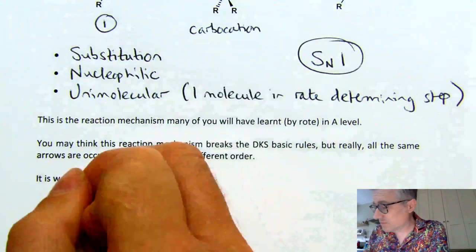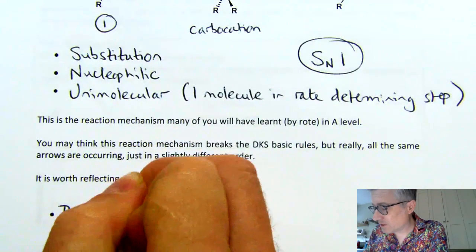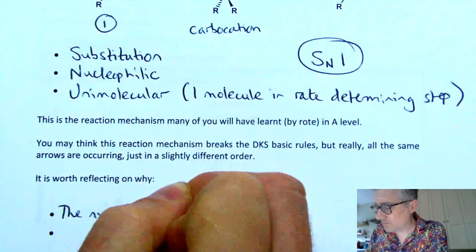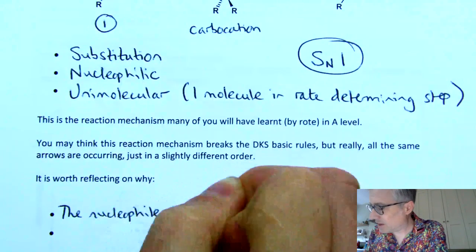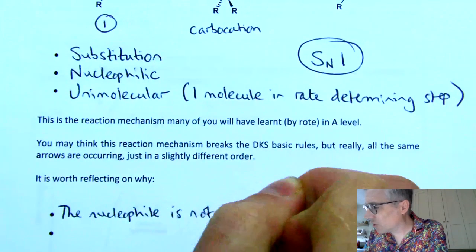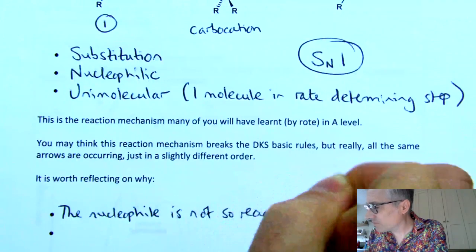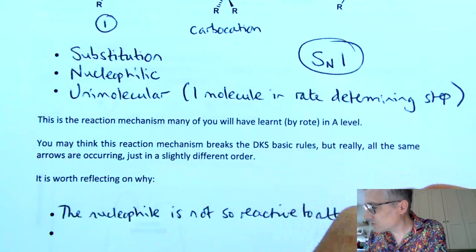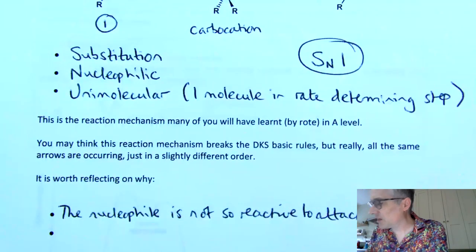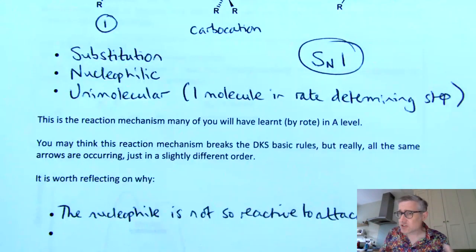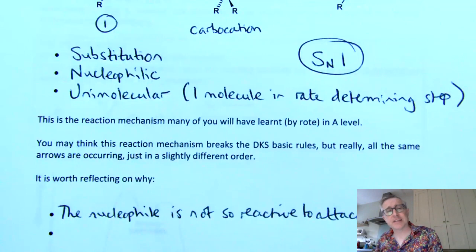One is the nucleophile is actually not so reactive to attack C delta plus. If that nucleophile is not very reactive, it's not going to go zooming in there like it did in the SN2 mechanism.